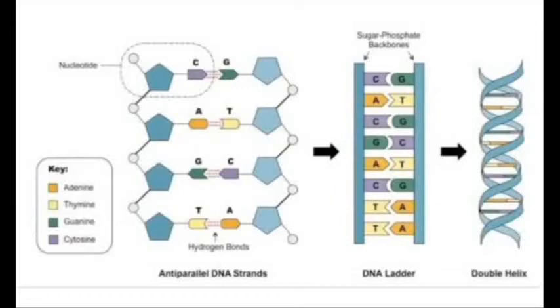The bases occupy planes that are approximately perpendicular to the long axis of the molecule. Hence, the stability of the DNA molecule results from the hydrophobic interactions and van der Waals forces between the stacked or planar bases. The nitrogenous bases are similar to a pile of plates or a spiral staircase.